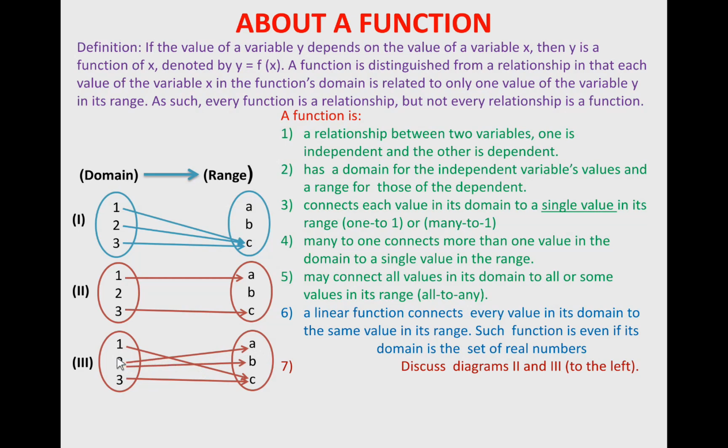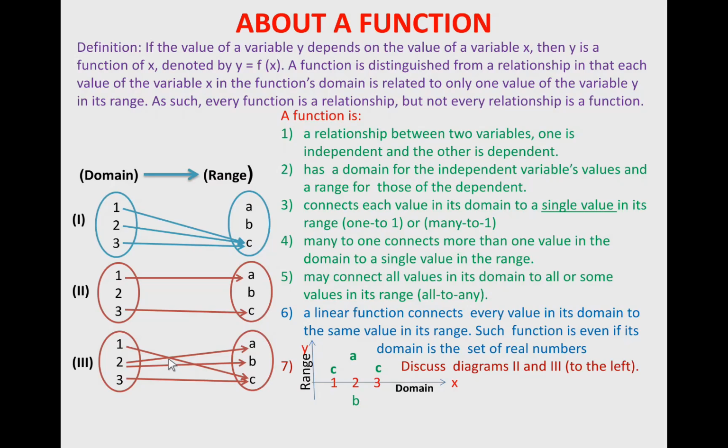But in this case, this diagram maps 2, which is an element in the domain, to more than one element in the range, and for that reason it's not a function. So this is a relationship. This relationship will result in a jump, as we will see in a minute.